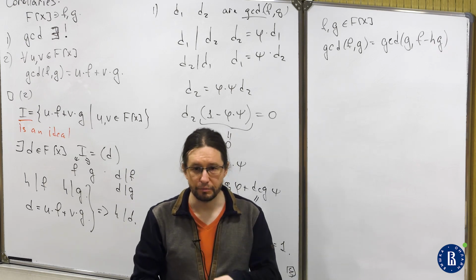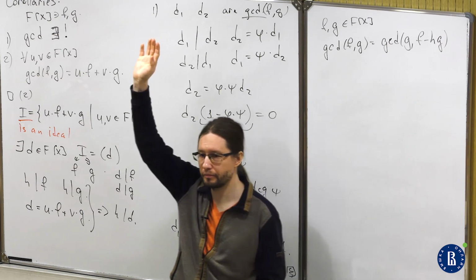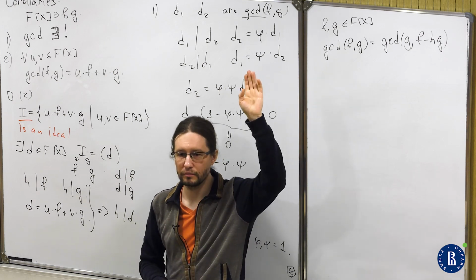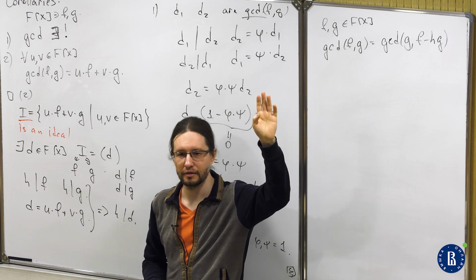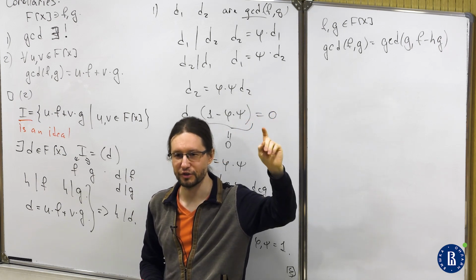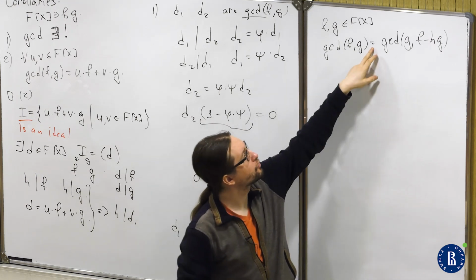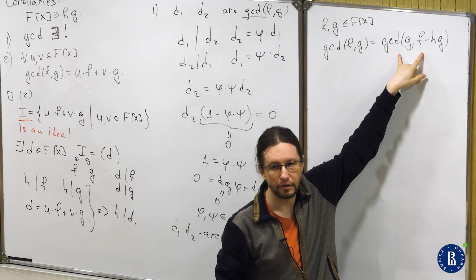So let me check. Who thinks that it's clear? And who can prove this? Well, the set of hands raised on the first question and the second question must be the same, because it's the same question. Well, okay, how to prove that the GCD here equals the GCD here?